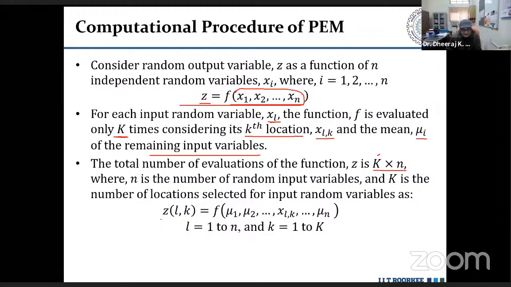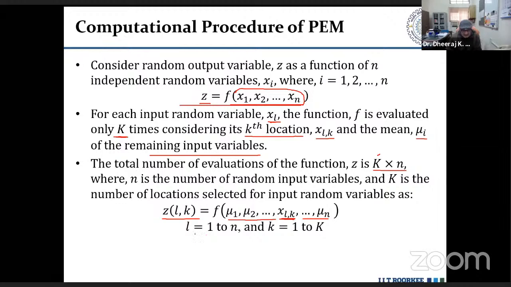like this. Suppose we have taken any nth random variable, so that output is defined by this L comma K, and function is computed by considering mean values of other random variables and standard location of nth random variable.